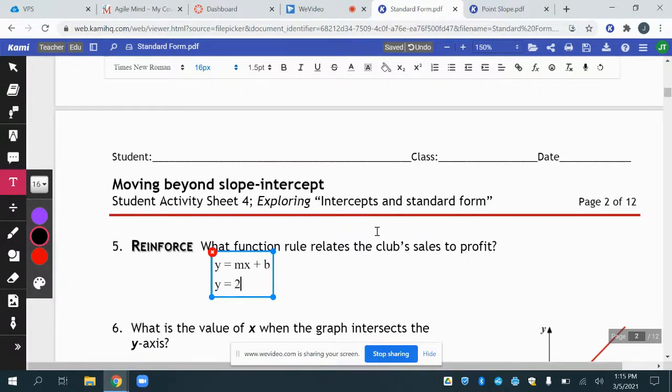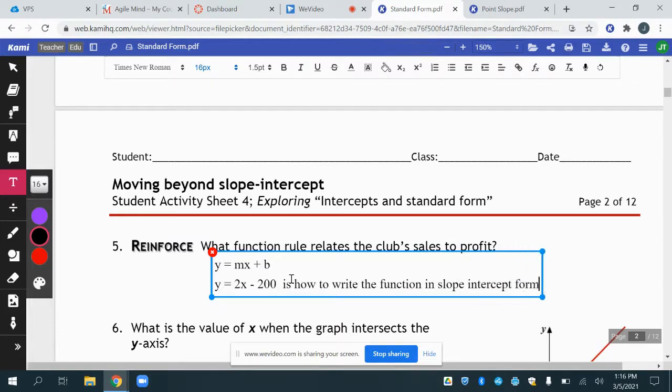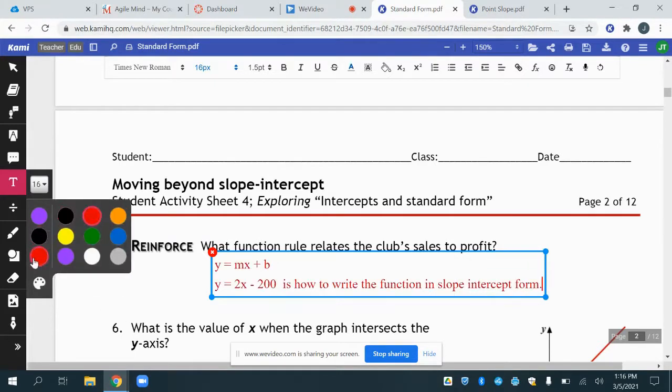So I can say 2x minus 200. That is the way we would have written it. How to write a function in slope-intercept form. Okay, so that's one way we could do it.